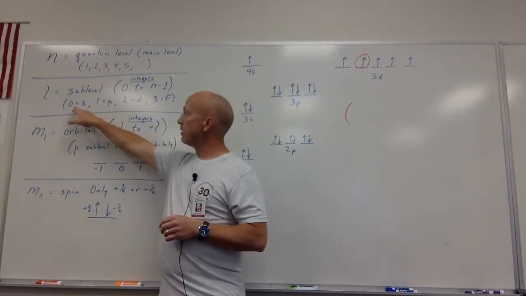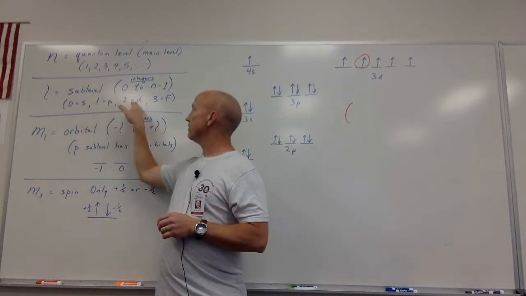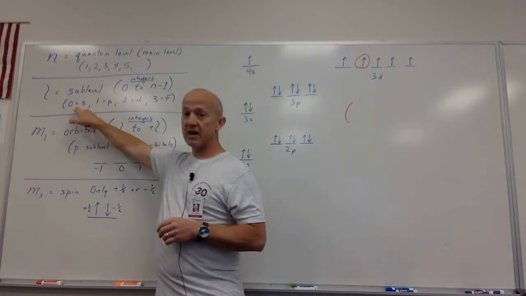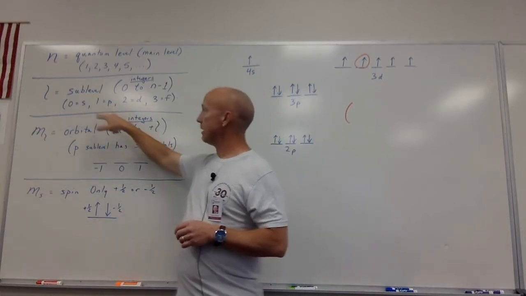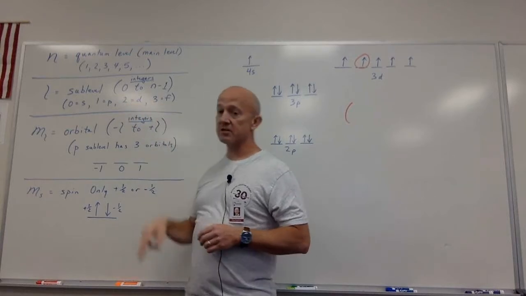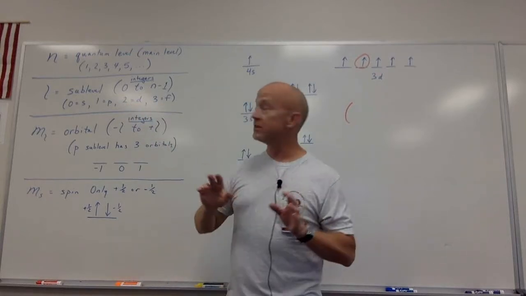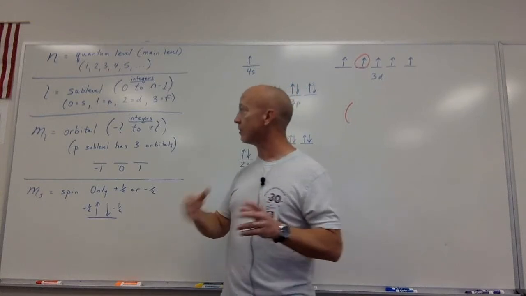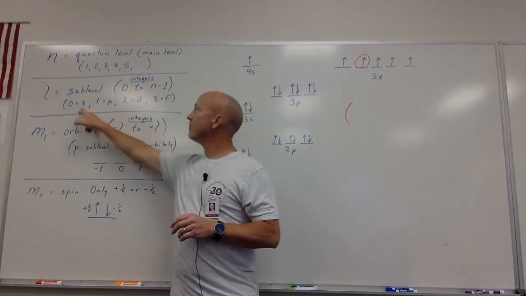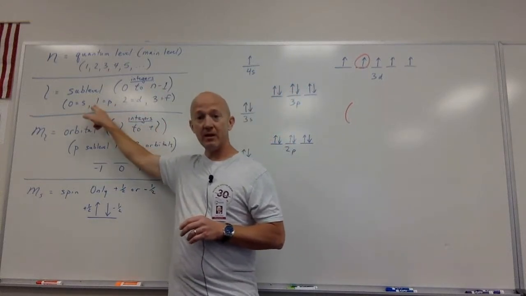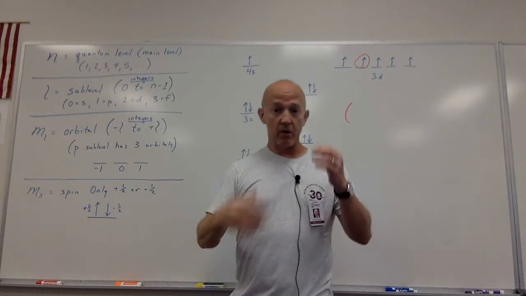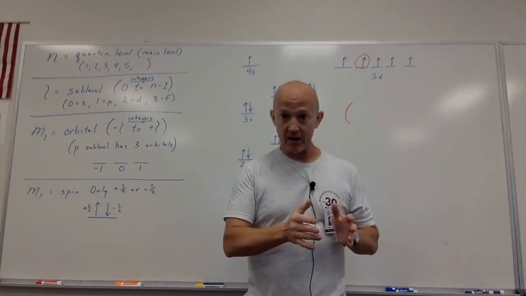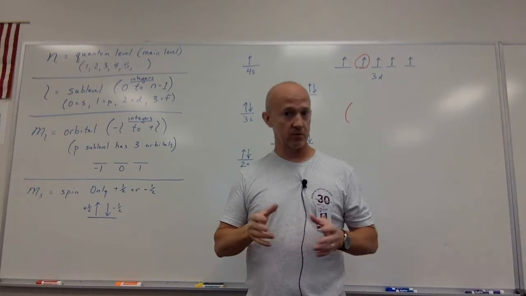Now, the l values correspond with the different types of sublevels. 0 gives us s, 1 gives us p, 2 gives us d, and 3 gives us f. In other words, if I have principal level 2, that means that my sublevels could be either 0 or 1, s or p. You see, just like we already knew, on principal level 2, we have our choice of sublevel s or sublevel p. Okay?